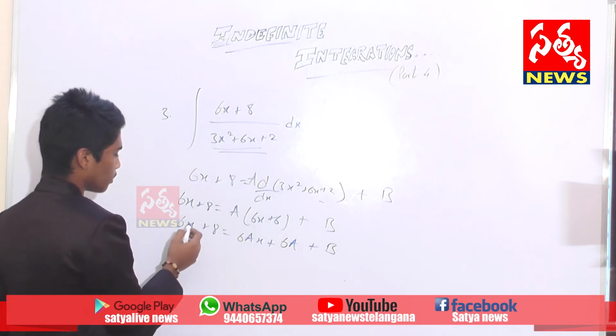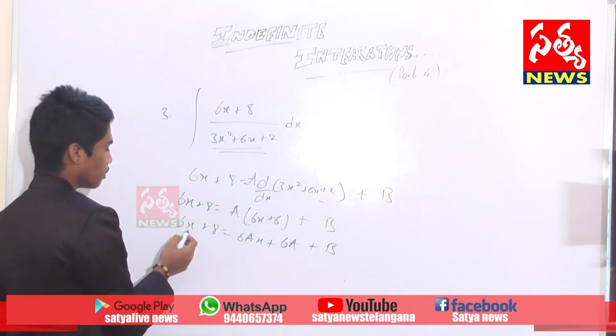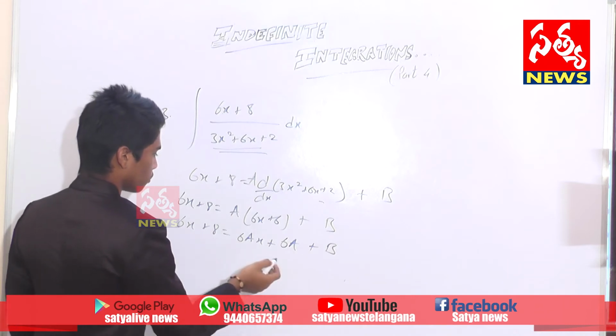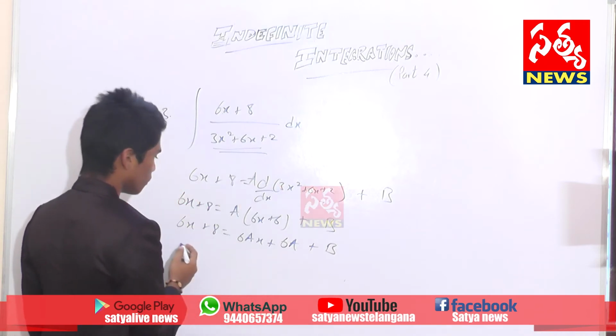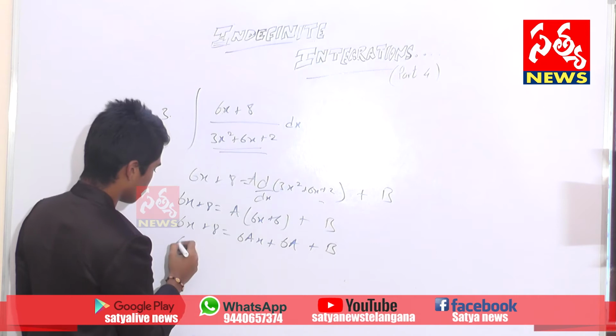By equating the coefficients of x and the constant, we can get a and b.